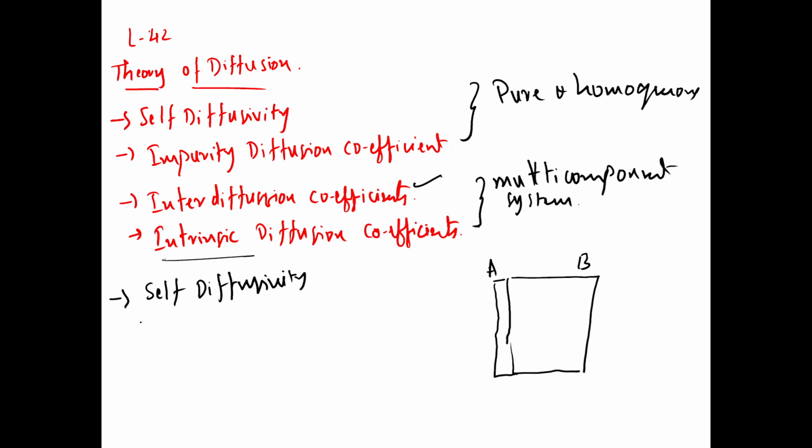It is annealed. To diffuse this metal A into the B, we need to anneal it for some time. So we'll be doing annealing heat treatment. Then the concentration profile is generated. It's gradually decreasing.